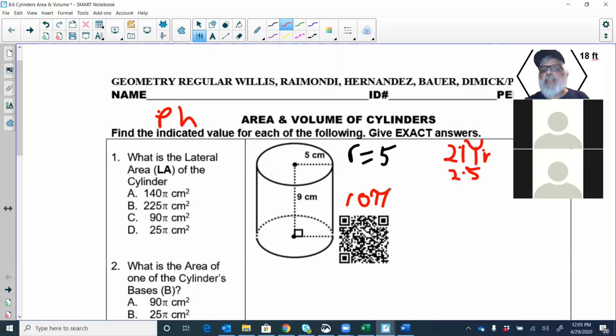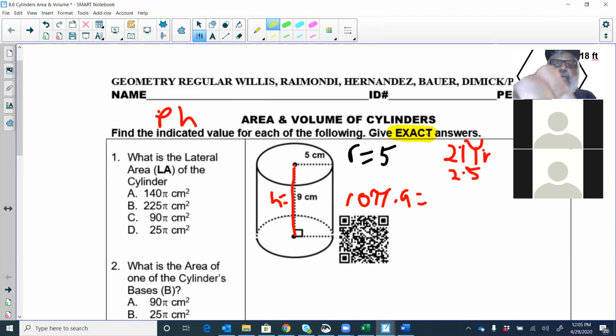Okay, then I'm going to multiply it by the height. Now the height in this case is 9. Okay, so then I'm going to times it by 9. Now remember, they want exact values.